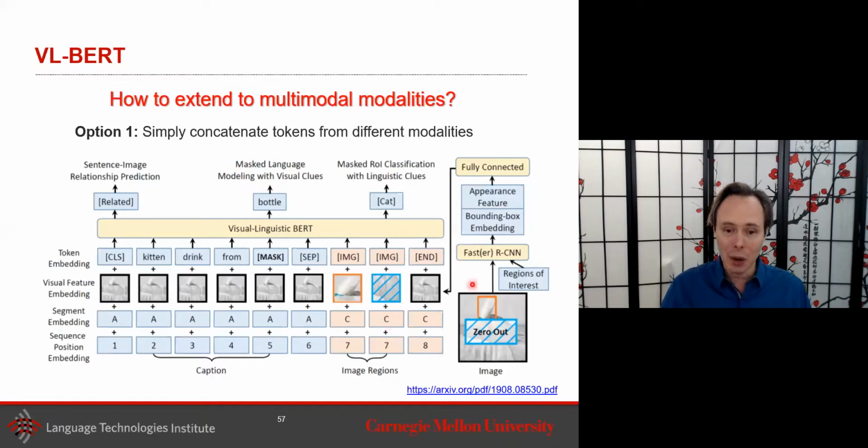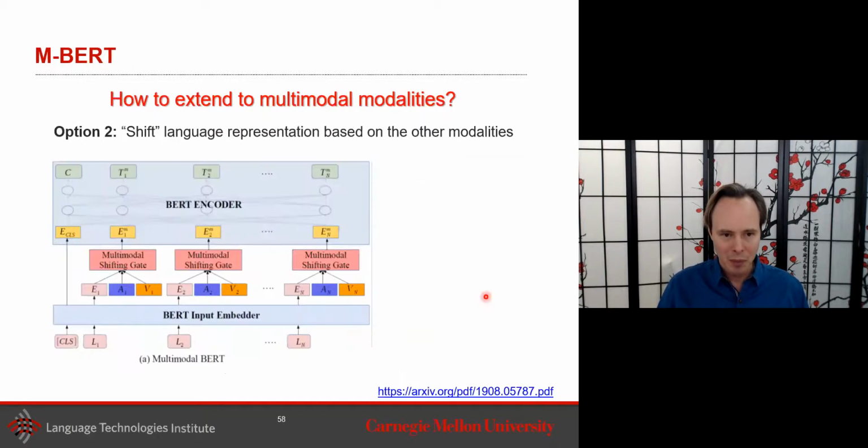Or you can mask or zero out part of the image and see how well you can regenerate or extrapolate it. So can you, from this part, regenerate this part? A lot of it is done at the object level, so they will not take the whole image and randomly slice it, but instead work at the word level.